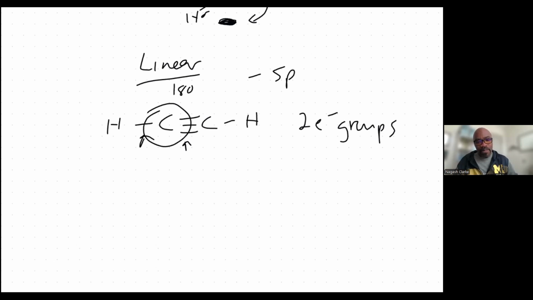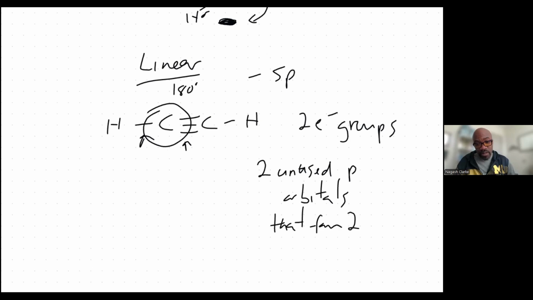But now there are two unused p orbitals that form two pi bonds. So your triple bond is one sigma plus two pi.